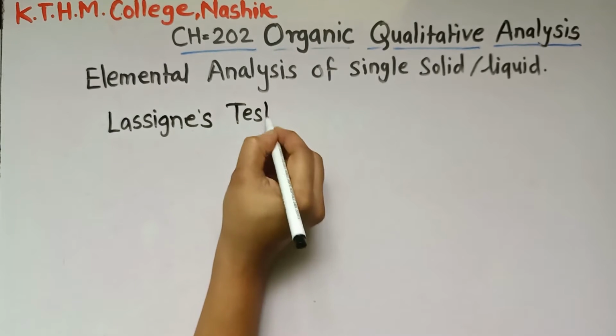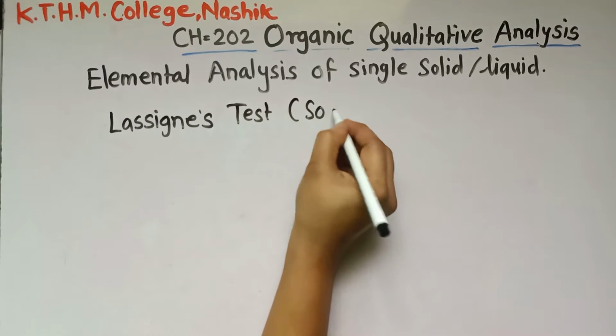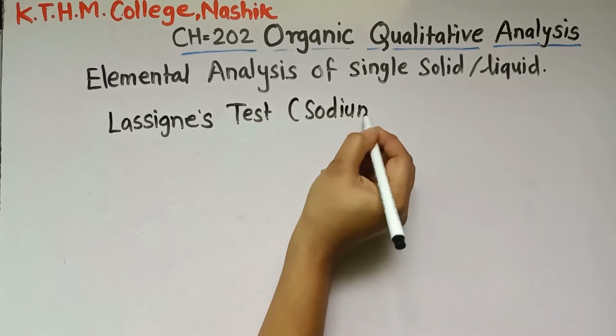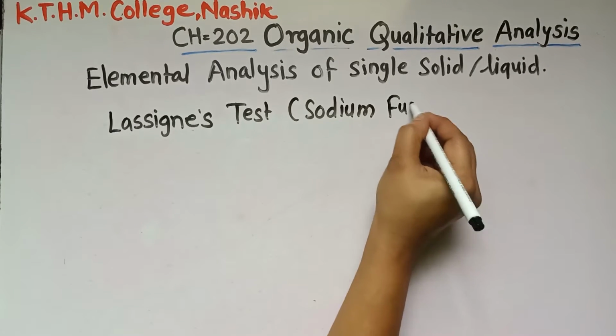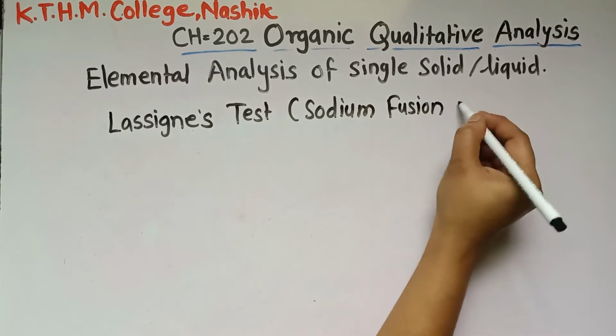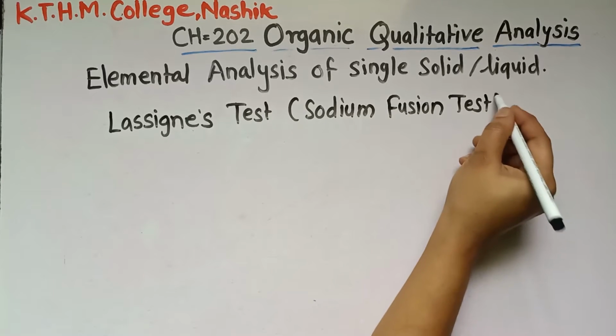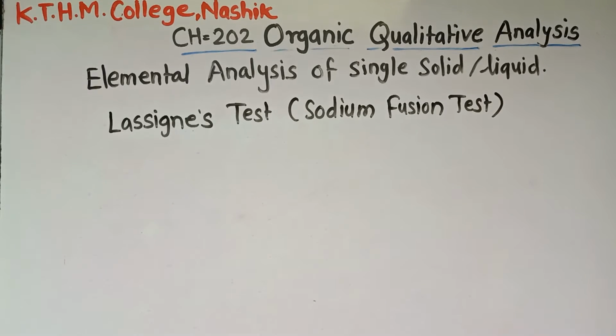Or simply we call it the sodium fusion test. It is the simple sodium fusion test or Lassaigne's test. This test is generally performed for the detection of the elements nitrogen, sulfur, halogen and phosphorus.